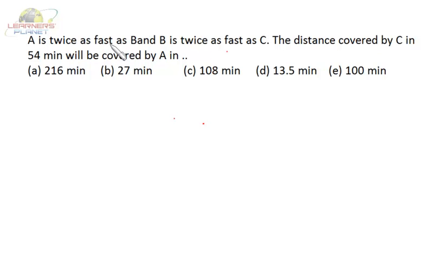So if C is taking 54 minutes to cover that distance, B will be taking half of the time of C. Since B is twice as fast as C, B is taking 27 minutes to complete that distance, and A is twice as fast as B. That means A will be taking half the time taken by B, half of 27, and that is 13.5 minutes.